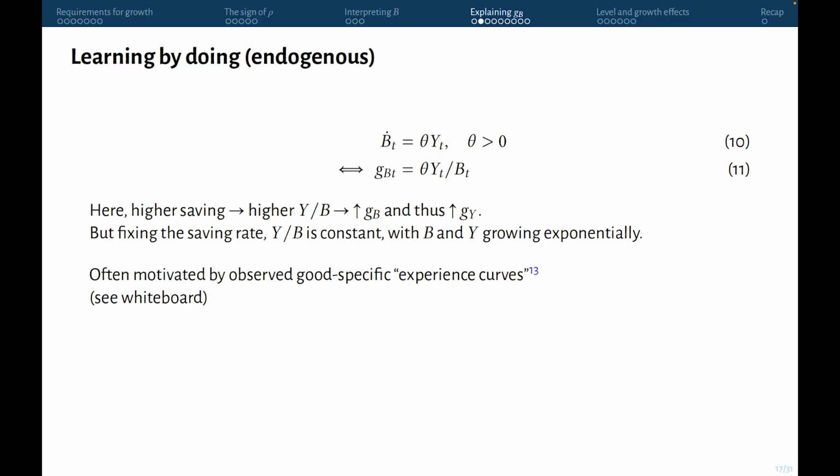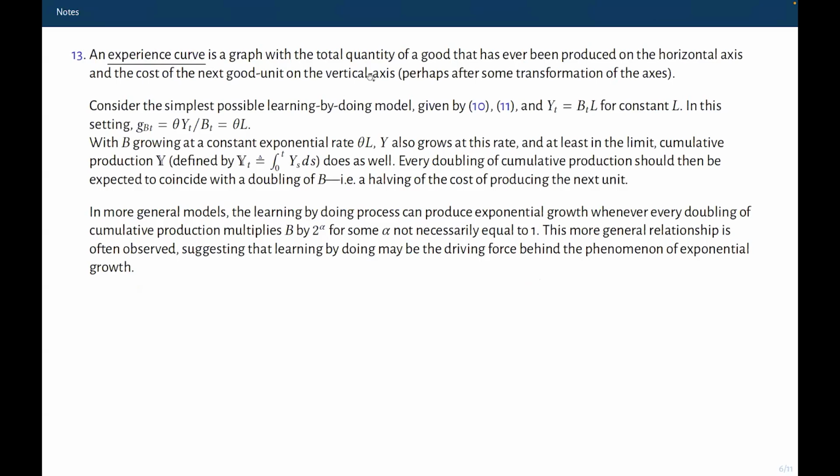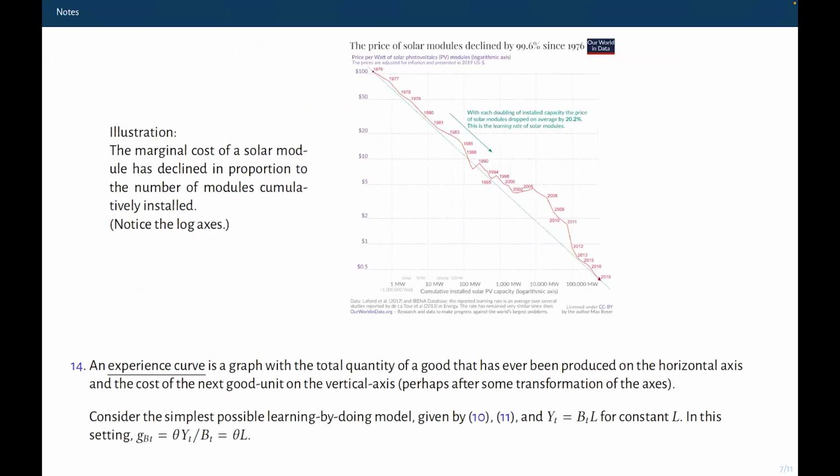If we start at some B0, to figure out what BT is going to be, you can just integrate how much we have produced, so the cost of the nth unit will just depend on n. It just depends on how much we've produced so far. That's explained a bit in the appendix at the end of these slides. But a really famous example is solar panels.